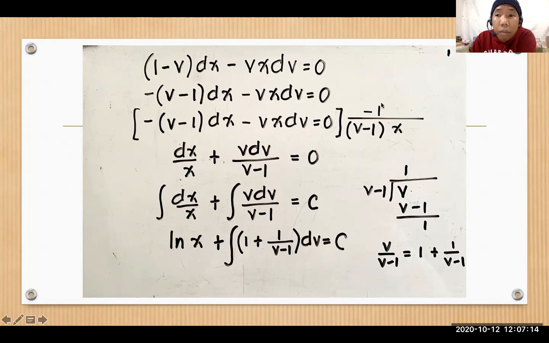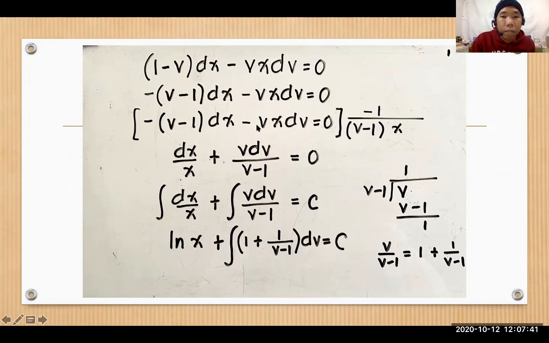And the next step is to separate the variables. You put v together with dv and x with dx. So we are to remove v minus 1 here, dividing the entire equation by v minus 1. You don't need x here, so you divide both sides by x. That's why your resulting equation, multiplying the entire equation by minus 1, you have positive dx over x.